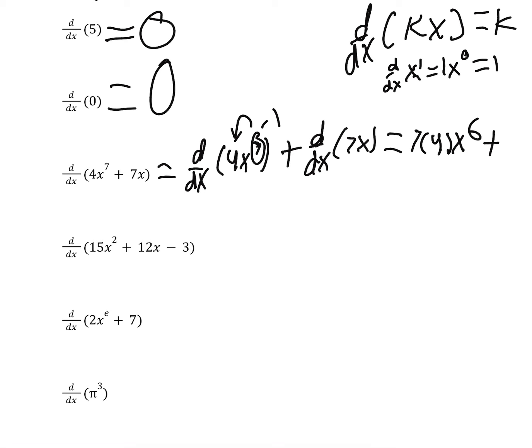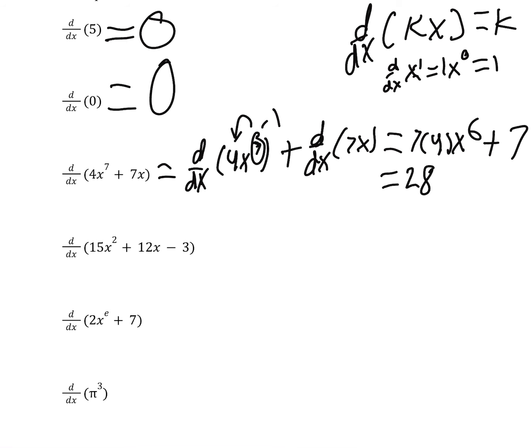This will equal 1. And then 1 times k is k, and k is a constant. So the power rule is used there, but just so it's more obvious to you, if there's something in front of the x variable, the derivative will be that thing in front. So this is 7.